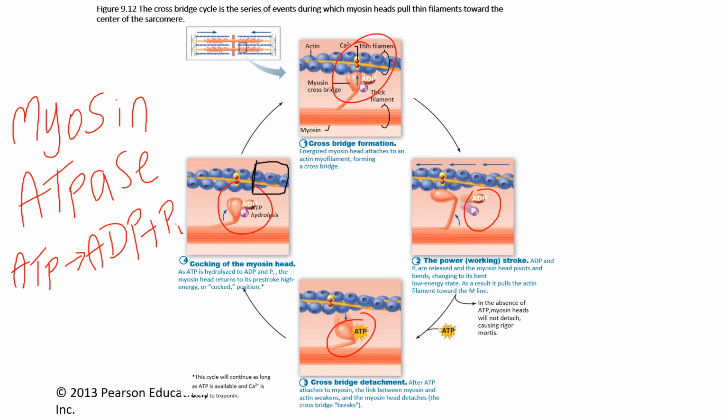But since you do not have any ATP, the myosin heads are not going to be able to let go. And therefore, rigor mortis causes the muscles to stiffen up for a few hours. Then eventually, as everything starts to deteriorate, the muscles are going to relax one more time.